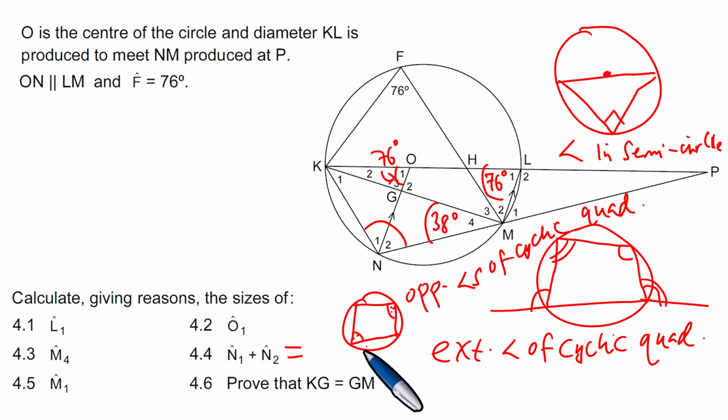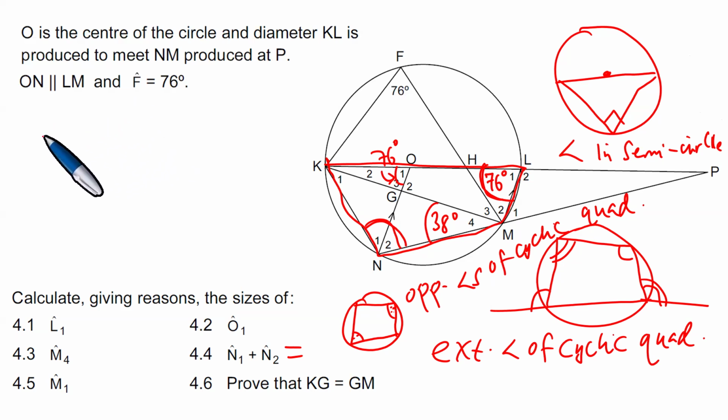Anyone? Too easy. Okay, if you have a cyclic quad, the angles go to the circumference, and a quadrilateral has 4 vertices. So this angle plus this angle is 180 degrees, because they are opposite angles of a cyclic quad.